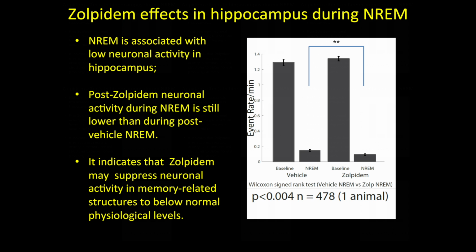This is one of the indications that Zolpidem may suppress neuronal activity in a memory-related structure, the hippocampus, to below normal physiological levels. Our general thinking, and the project is still ongoing, is that this explains why people are unable to encode memories while they're acting and behaving under the influence of Zolpidem.